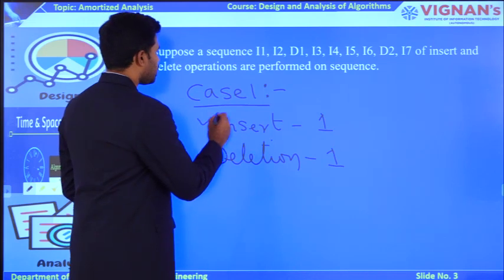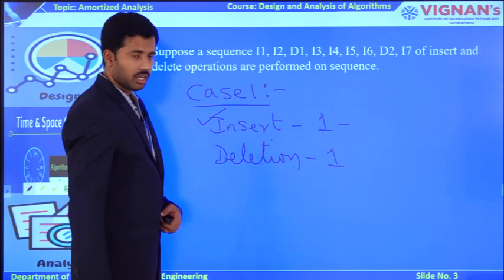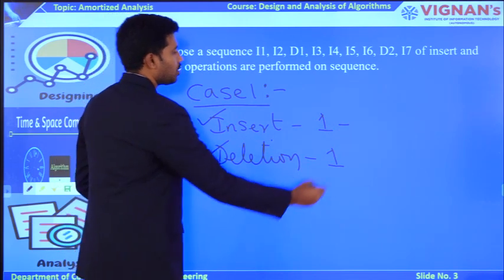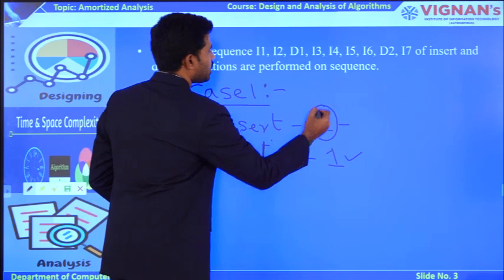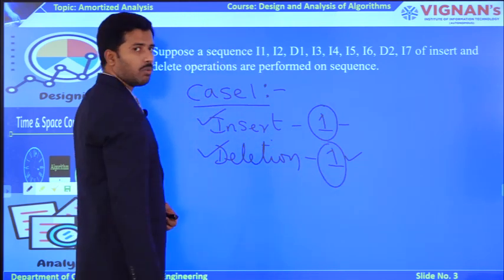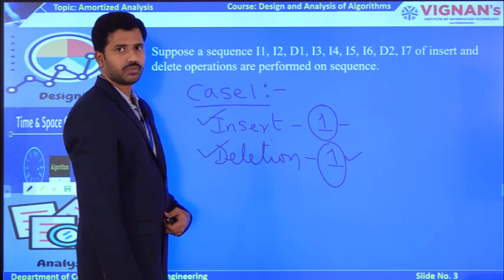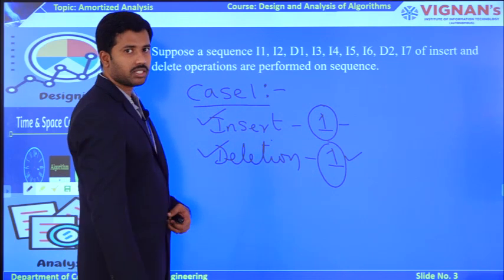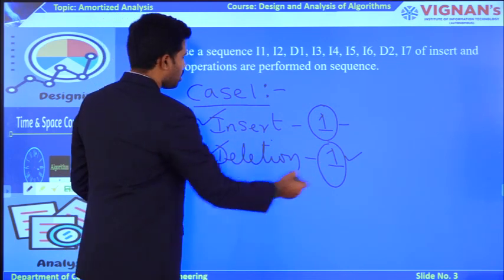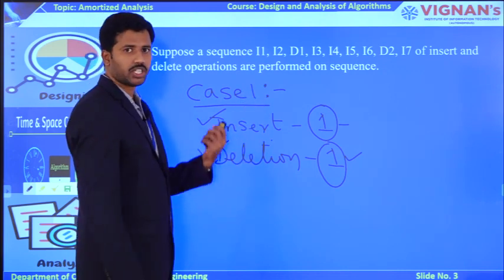To apply an insertion operation the cost is 1, and to apply a deletion operation the cost is also 1. So I am assuming both operations have equal cost, which is going to be the best case. In the best case, with one cost you perform an insertion, and with one cost you perform a deletion. I can say this case is my best case.